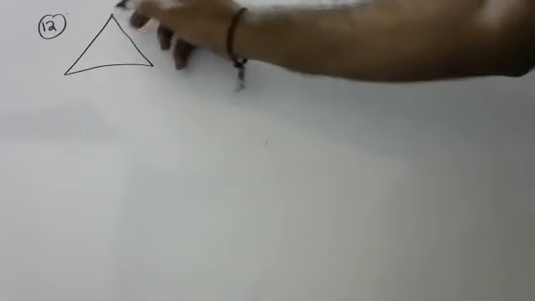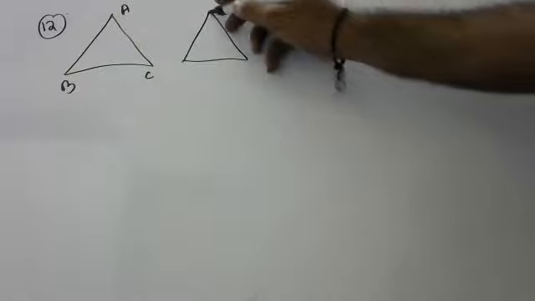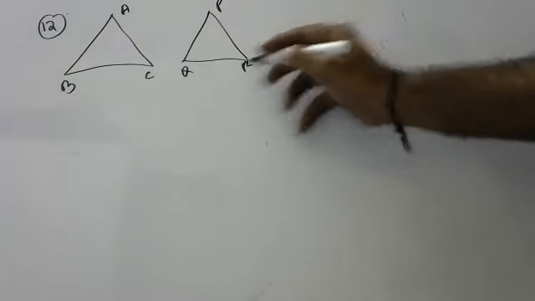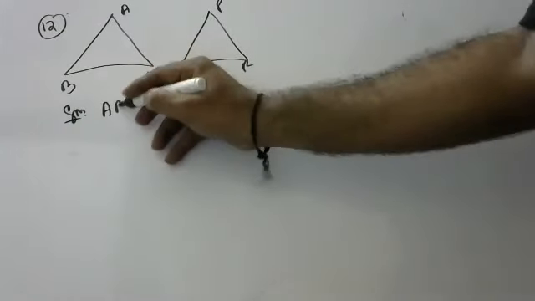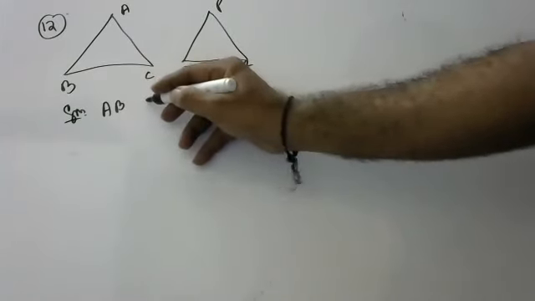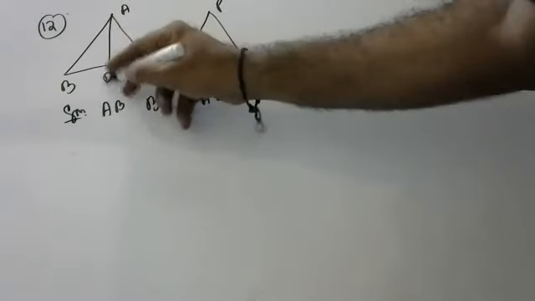12th sum, children. There are two triangles, ABC and the other triangle PQR. What is given, children? AB, BC, and AD. AD is median, they said.